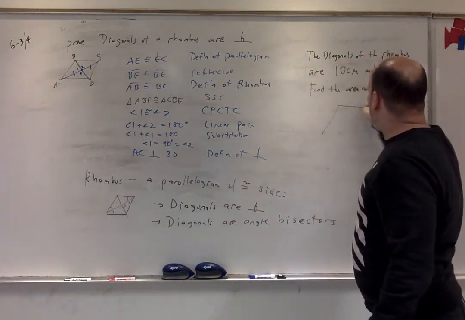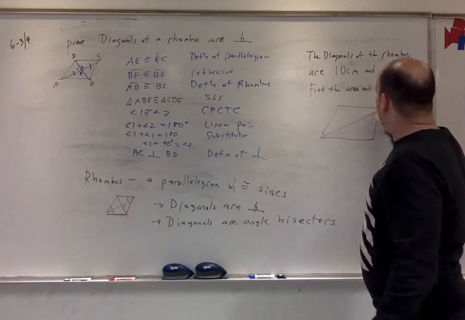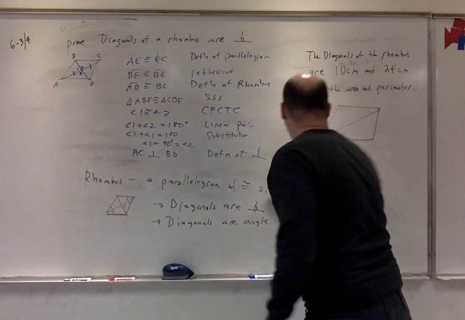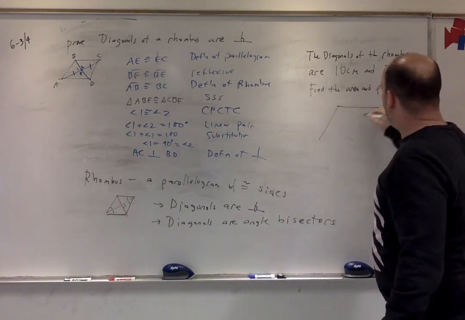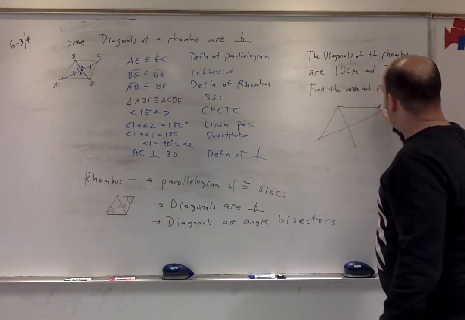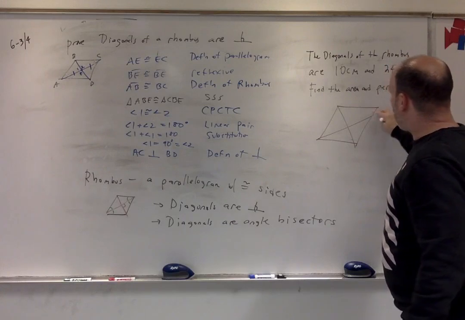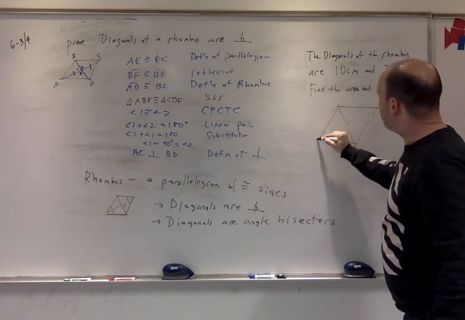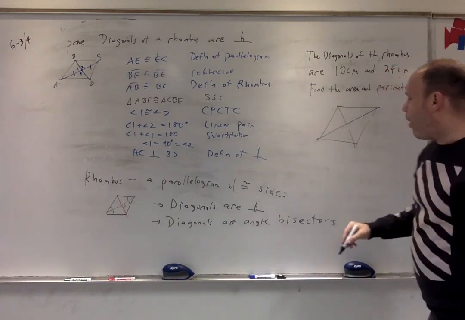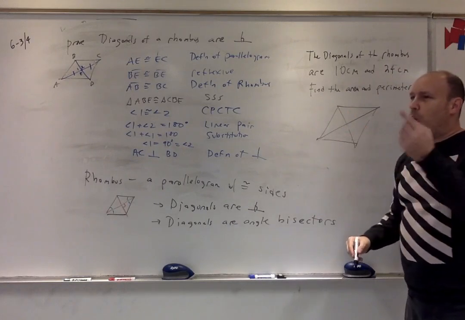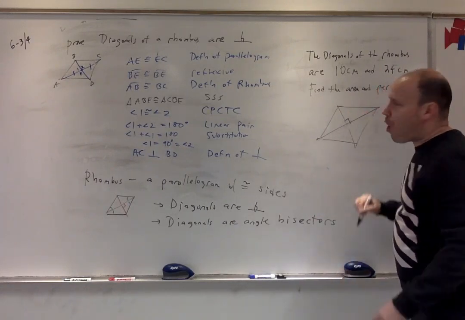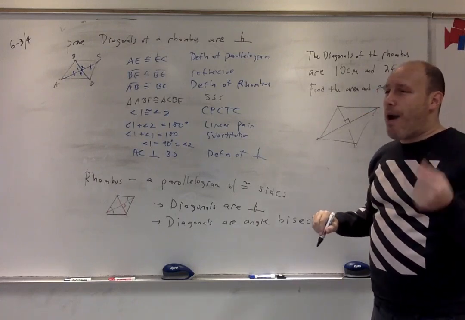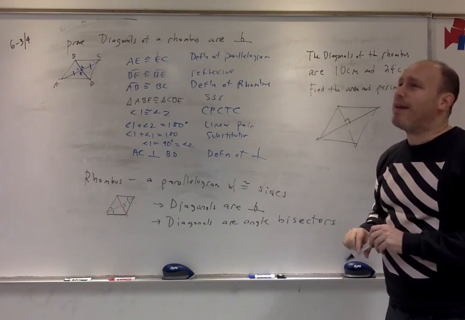Well, I have a rhombus, and let me make a better diagram. Here's my rhombus. The diagonals are perpendicular. So one of the diagonals is 10, one of the diagonals is 24. I know they're perpendicular. I also know, because it's a parallelogram, that the diagonals bisect each other.